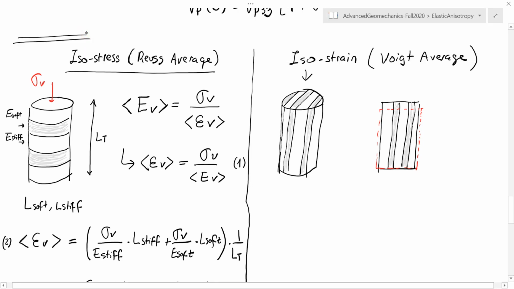So in this case, the stress is not going to be constant. So again, if the white are stiff layers and the gray are soft, for a given application of a strain which is the same for all these layers, this is what the stress profile is going to look like. It's not constant.